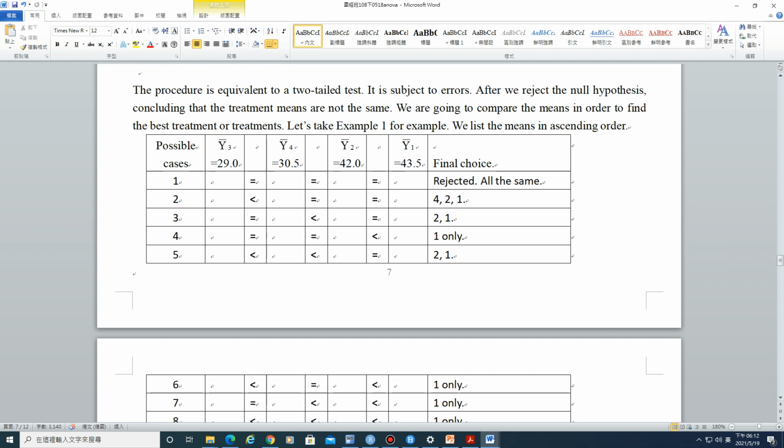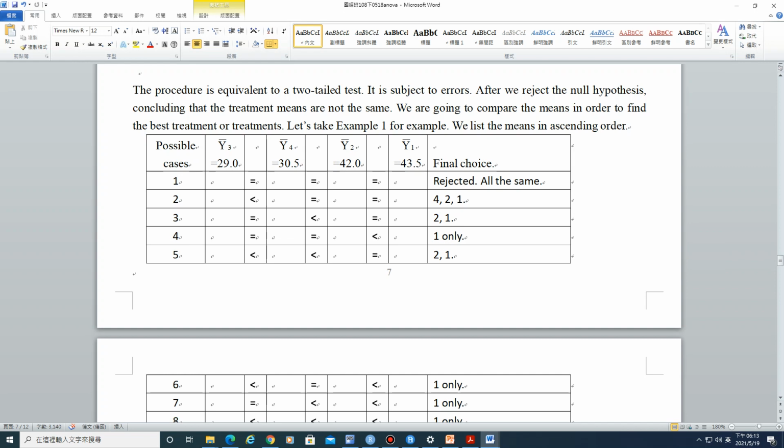The comparison is easy. So these two are not significantly different. So are these two. But the gap between the two groups is significant. So we know that if we use 6.8 for the minimum significant difference, we have the result.